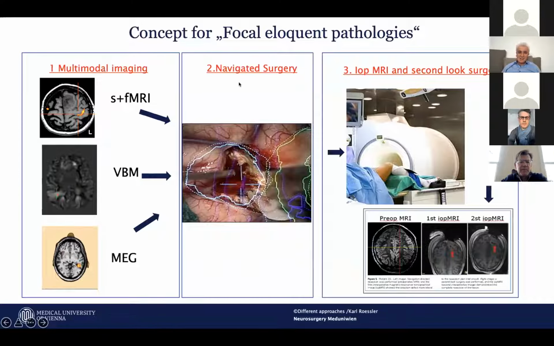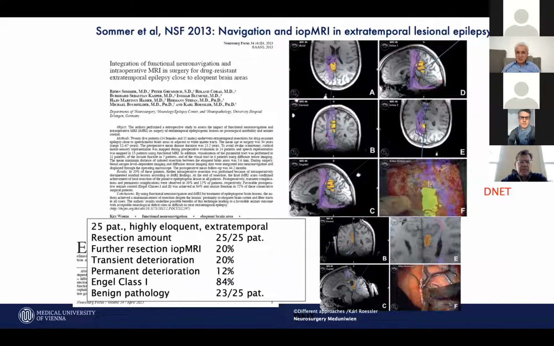And the concept for focal eloquent pathologies in our hands is to do this multimodal imaging, to include this in the navigated surgery, and to be sure during resection to have resected it by performing intraoperative MR imaging. And we had a series of such patients published a few years ago, and we found it really quite useful.